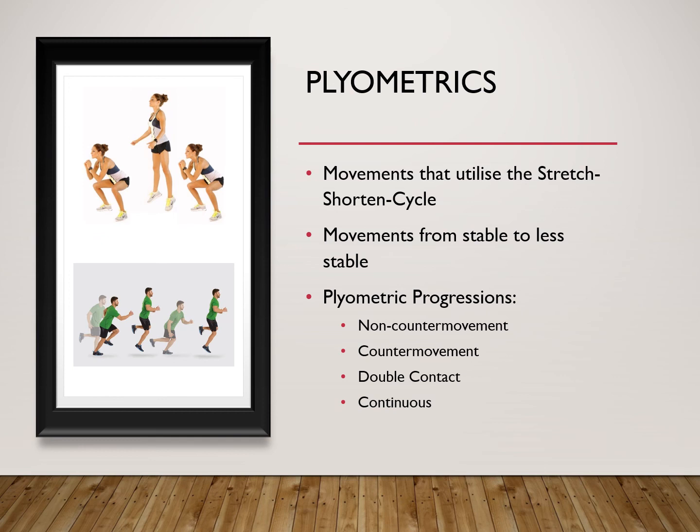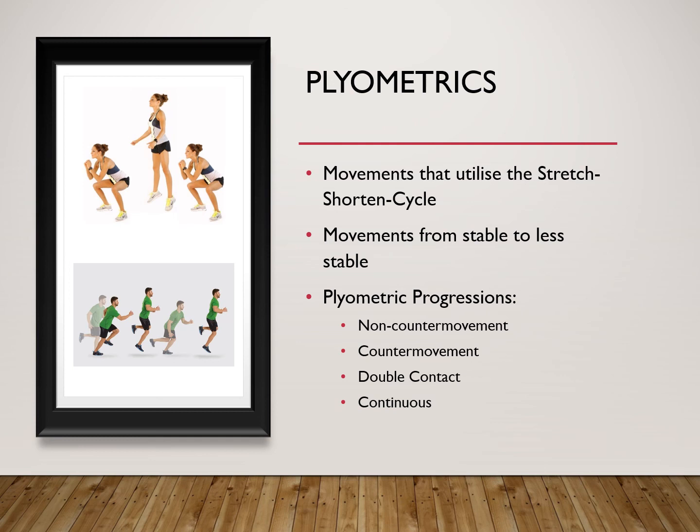And one of the final methods that we're going to look at for developing speed is the use of plyometric work. And this is any movement that effectively makes use of or utilizes the stretch shorten cycle. So this includes jumping, bounding, drop jumps, whether it be single leg, double leg.